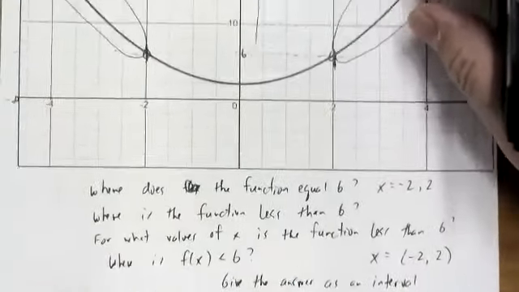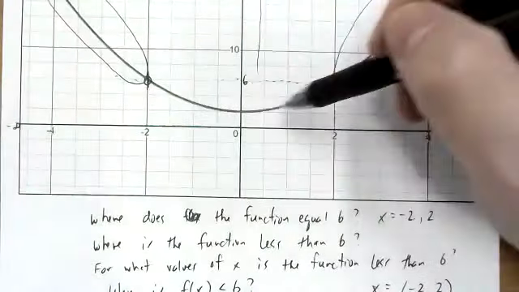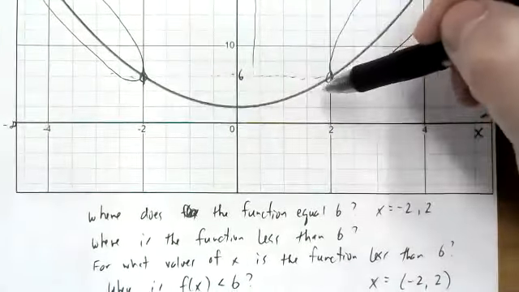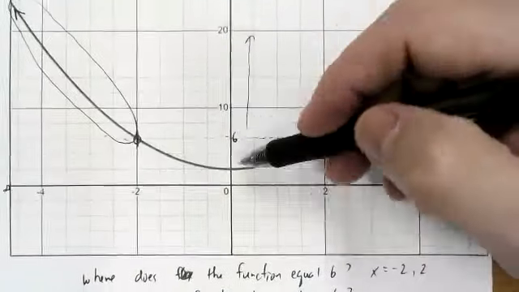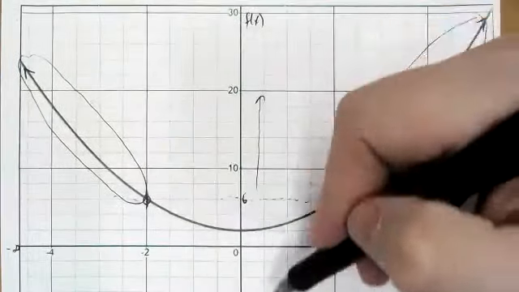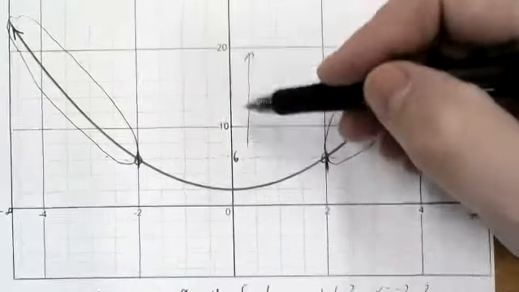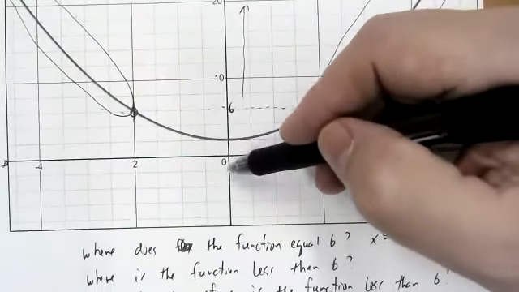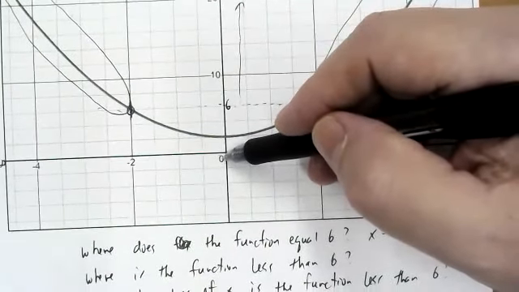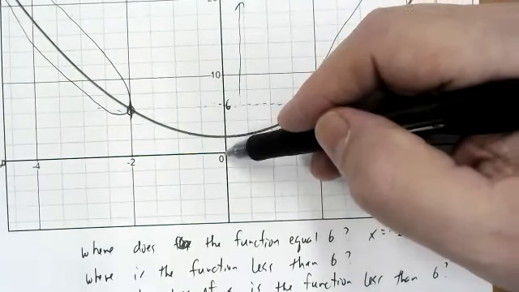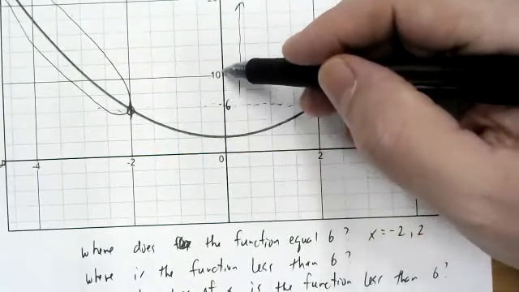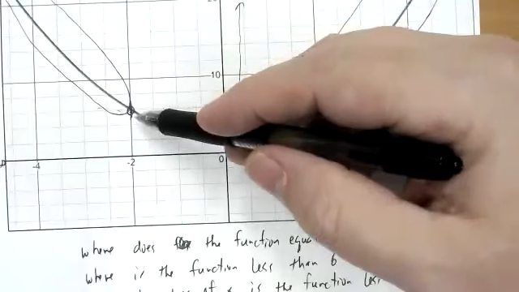What I'm looking for is what part of the graph, where's the function less than 0? Once again, the function is my vertical axis. Down here is where the function is 0. So 0, 2, 4, 6, 8, 10. So I look at my graph.